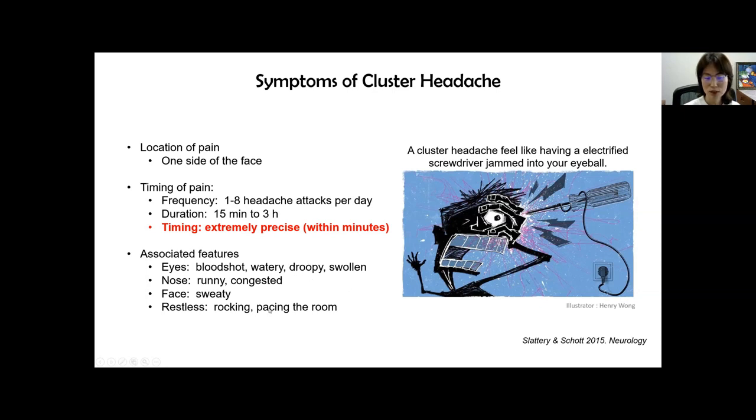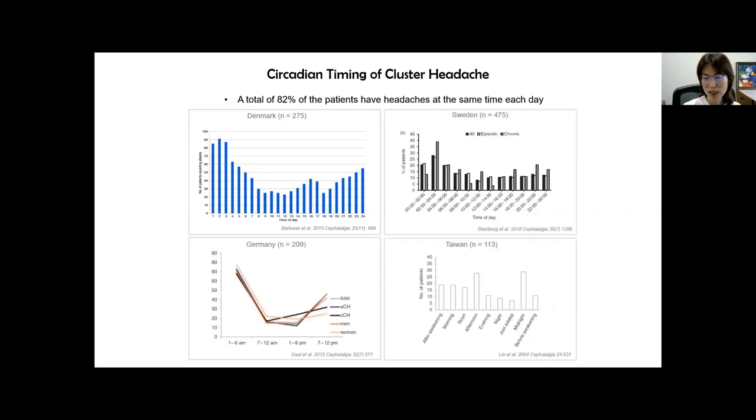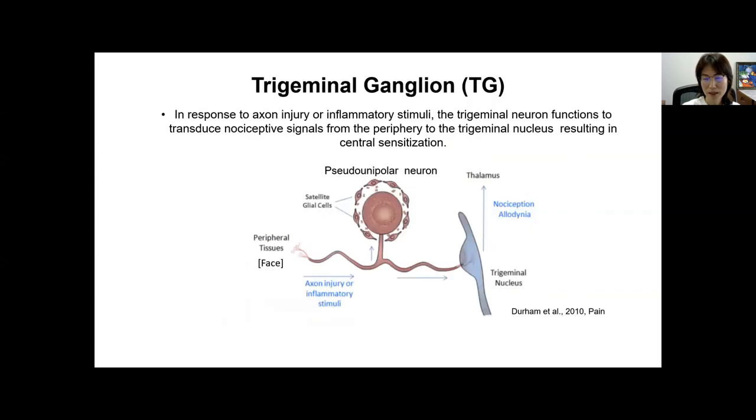And as I mentioned, they have very strong circadian regulation. From many different countries, the peak time of headache onset is always 2 a.m., in all different time zones. Wherever time zone you are in, they experience the highest pain at 2 a.m.